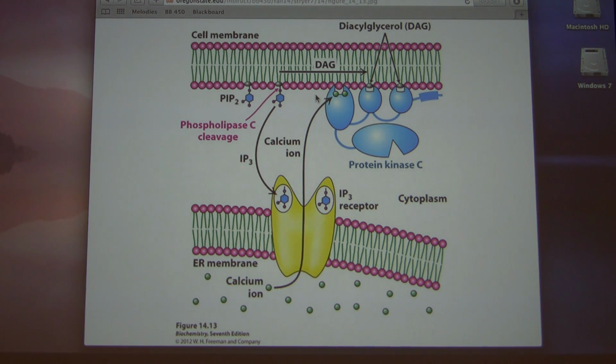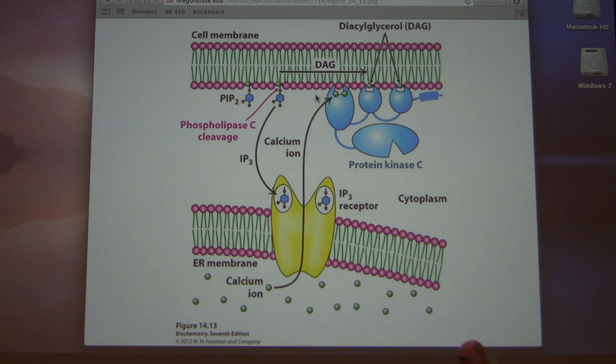The release of IP3 into the cytoplasm causes IP3 to freely go to the endoplasmic reticulum. And at the endoplasmic reticulum, there is a receptor that binds to IP3. So we see a receptor, and now IP3 is causing the endoplasmic reticulum to open up its gates. And when it opens up its gates, one of the things that's stored in the endoplasmic reticulum is calcium.